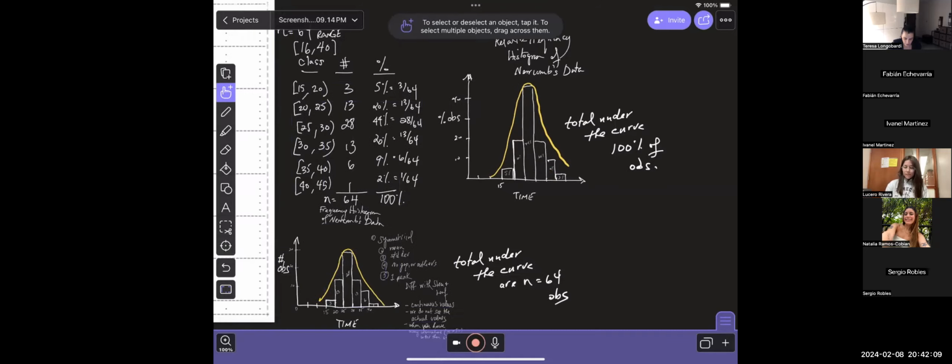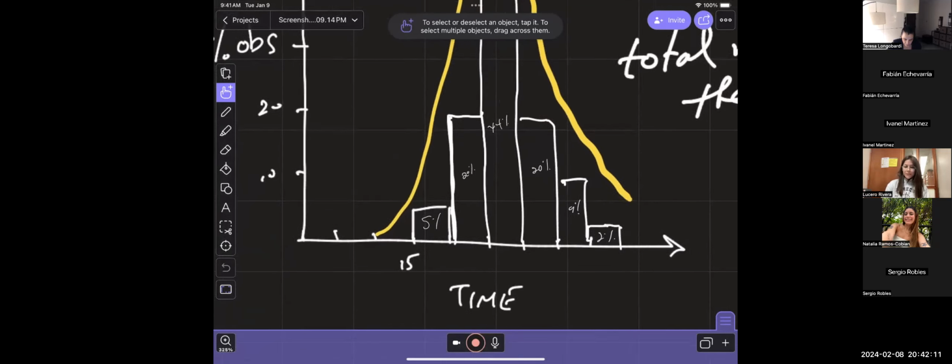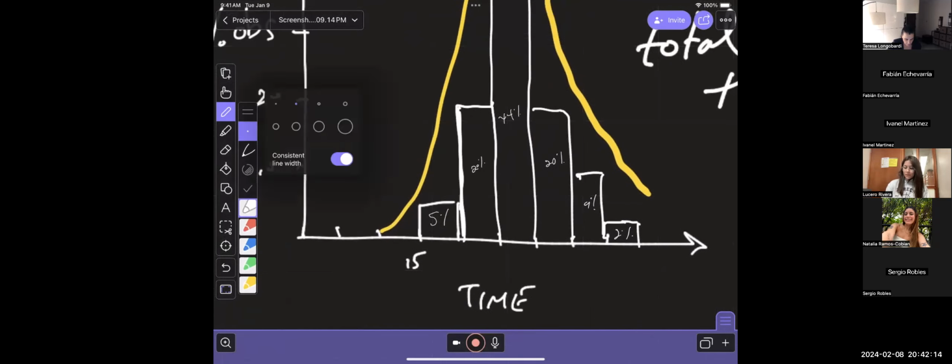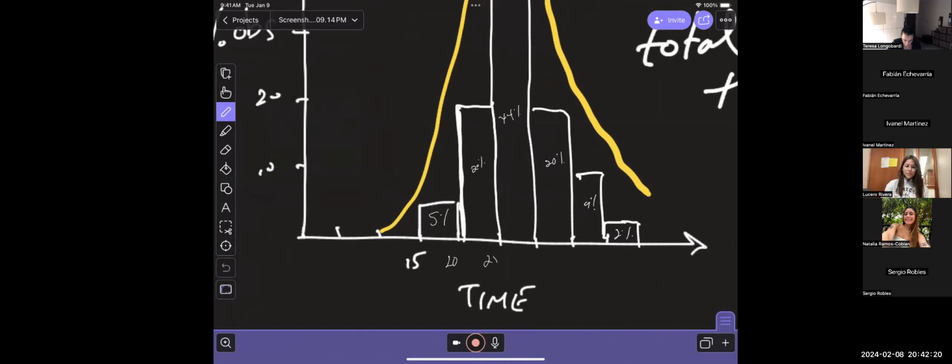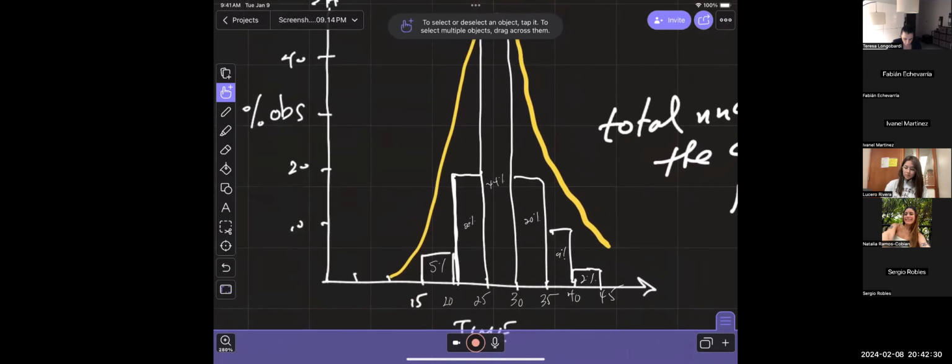I can say 44% of the data are between 15, 20, 25, 30, 35, 40, 45. So I can actually say 44% of the data are between 25 and 30, which means a lot.